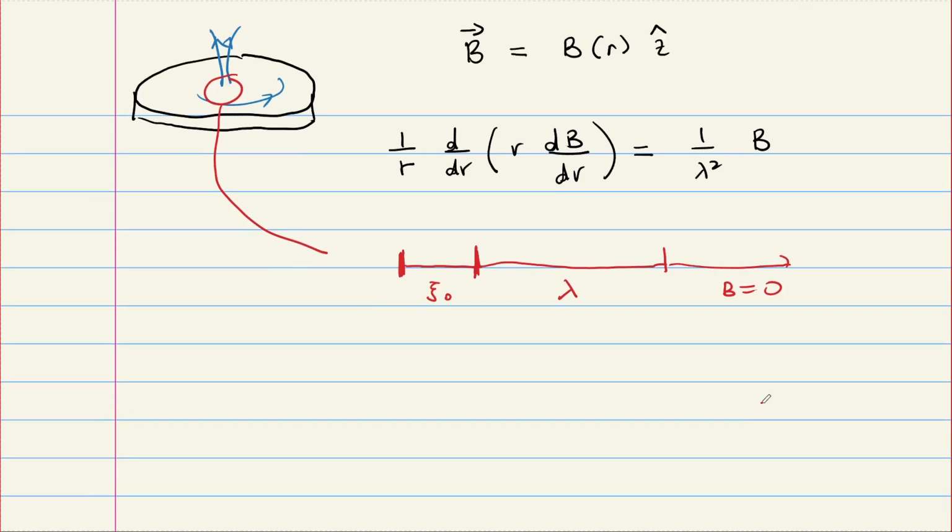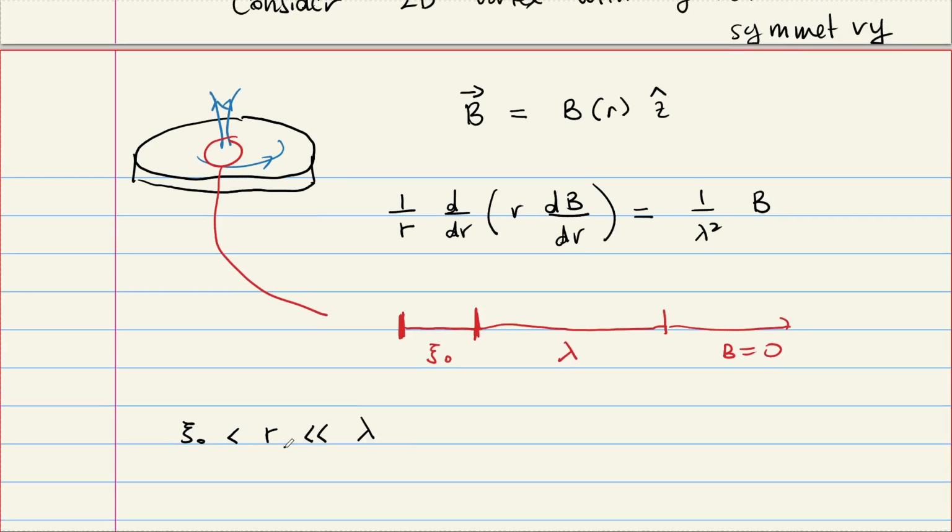And to understand the vortex, we can think about this regime: psi of 0 smaller than r, and let this be much smaller than lambda.